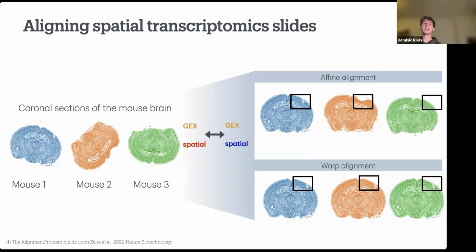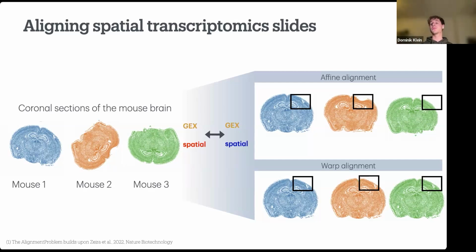And we have 2 options of how to align those sections of the mouse brain. There's once the affine alignment, which just learns an affine transformation, so rotation and displacement. And here you can see within the rectangle that certain characteristics of those single slides are maintained.